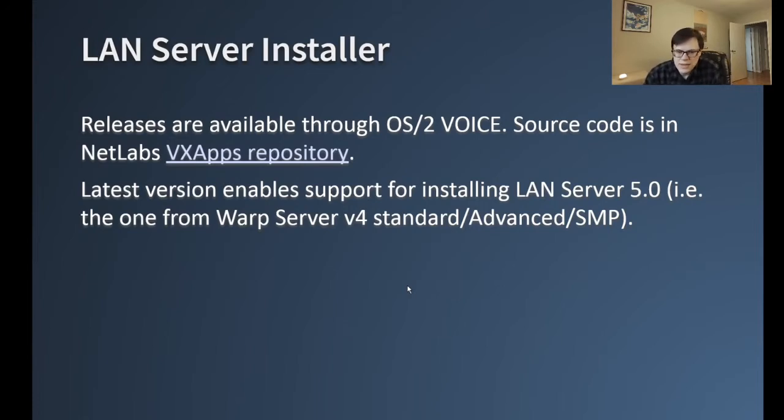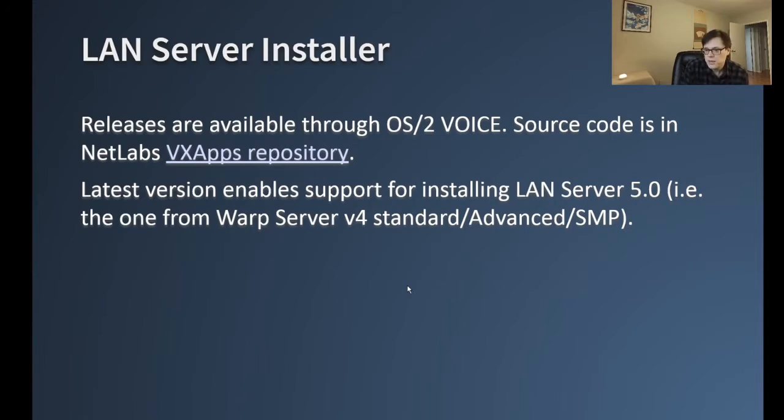The latest update that I made to this was very minor. Basically, I tweaked it so that you can now install LAN Server not just from ACP or Warp Server for eBusiness, which was what it originally was designed for, but you can actually install the version of LAN Server that comes with Warp Server version 4 as well.